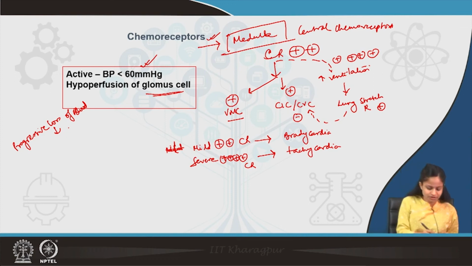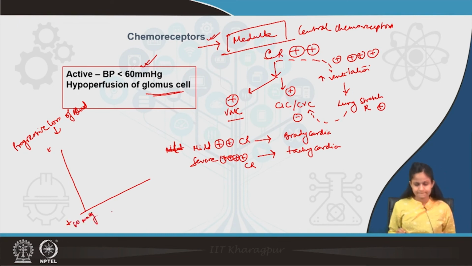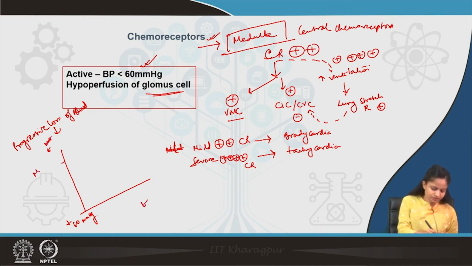Suppose this is time and this is pressure, this is 60 millimeter of mercury, and here we have the mean arterial pressure, say the mean arterial pressure value is 100 millimeter of mercury.